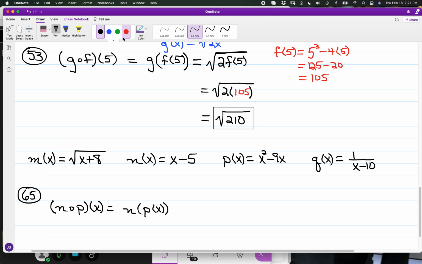Your output function, again, you have n of x equal to x minus 5. So n of the input is equal to the input minus 5. So if the input is p of x, we're going to have n of p of x equal to p of x minus 5.